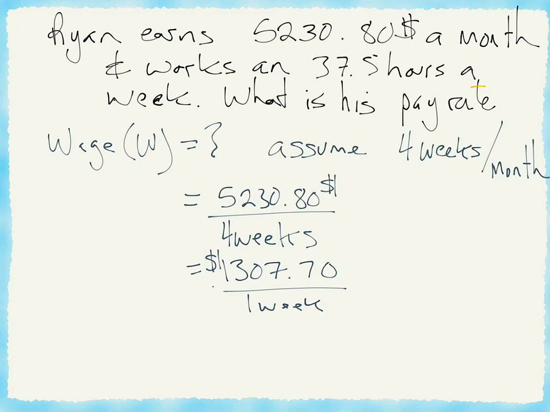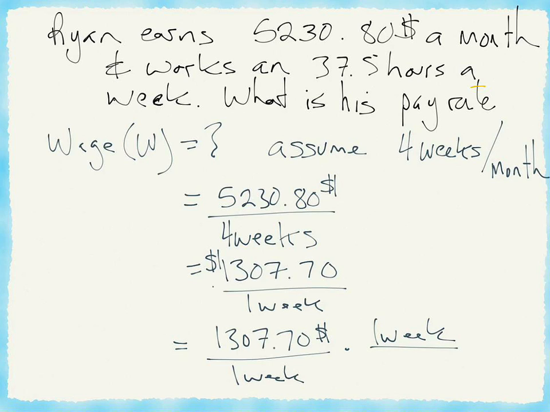So in this case, we now need to take this amount and divide it by the hours. So this is going to mean 1307.70 per 1 week divided by 37.5 hours.